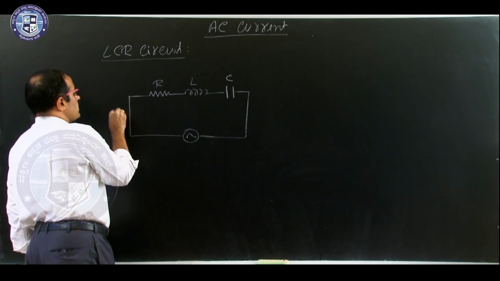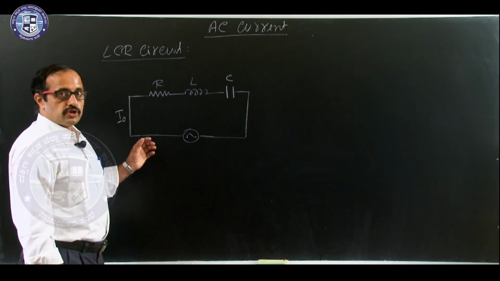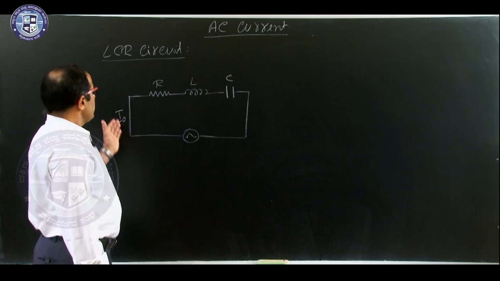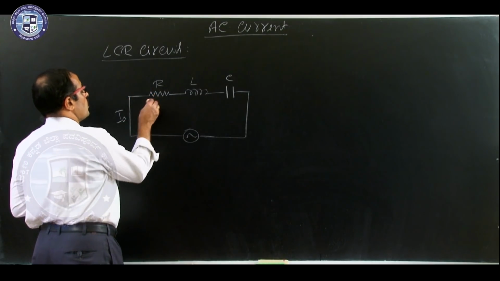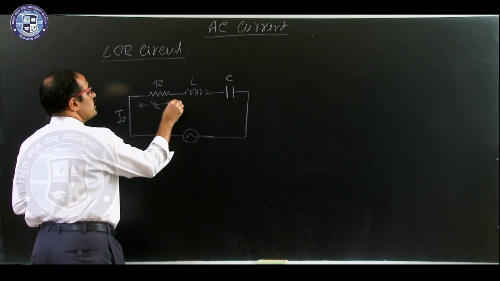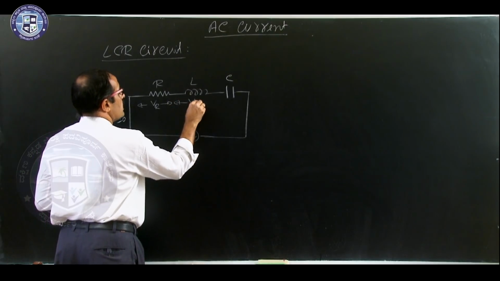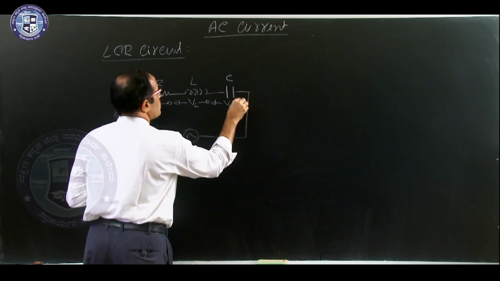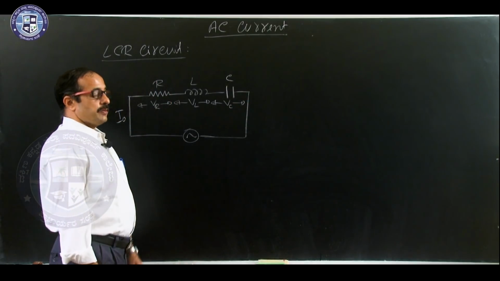Let us say peak current is I naught, because we want to draw the phasor diagram by taking peak values. Whenever peak current flows, voltage across the resistor is VR, the peak voltage, VL the peak voltage across the inductor, and VC the peak voltage across the capacitor.